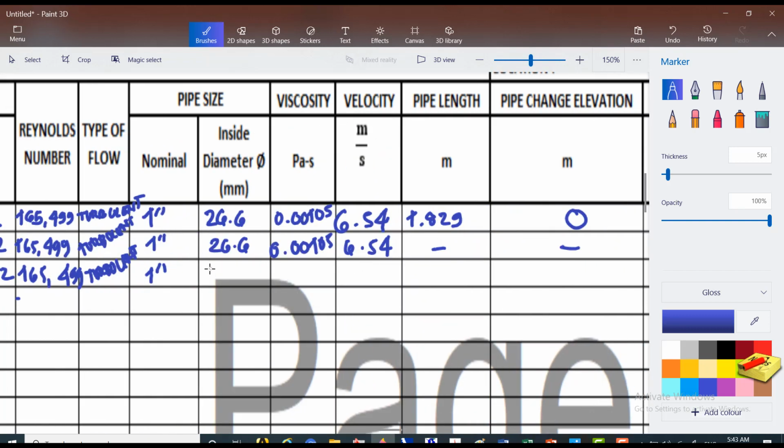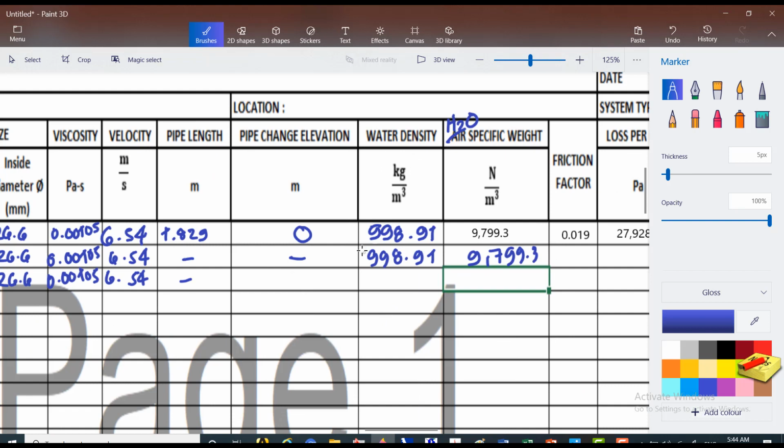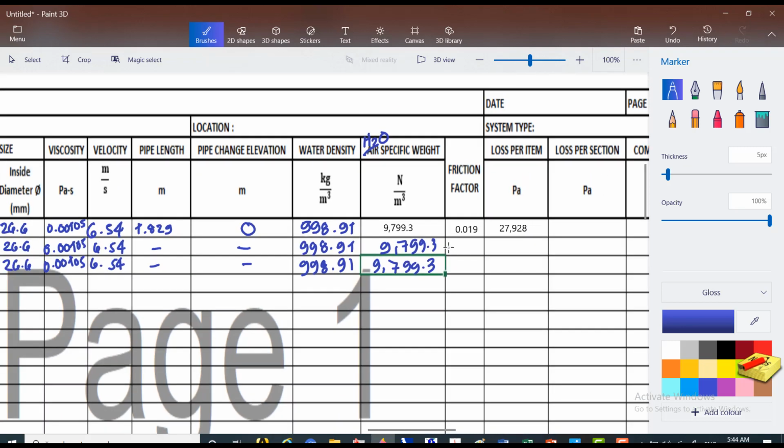Then we have 26.6, 0.00105, 6.54 on velocity. Length is blank. Change in elevation is also blank here. Then the water density is 998.91, so we have 9,793. Then okay, this one we'll leave.